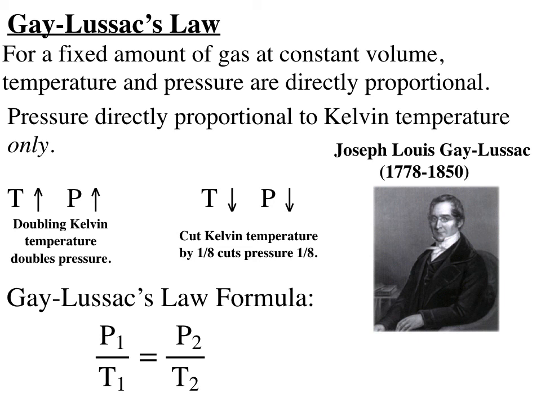There's direct proportionality, meaning if I double the temperature, I will double the pressure that is exerted. If I cut the pressure by 1/8, that would mean the temperature had to be cut by 1/8. Mathematically speaking, the formula that does this is P1 over T1 equals P2 over T2.